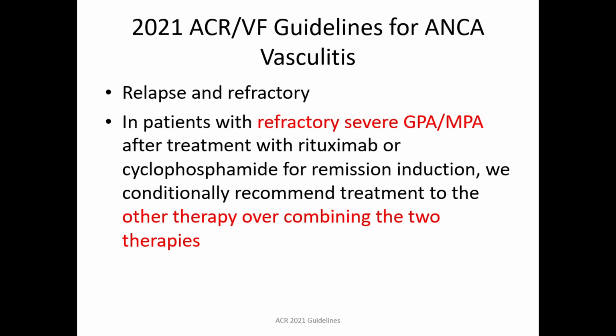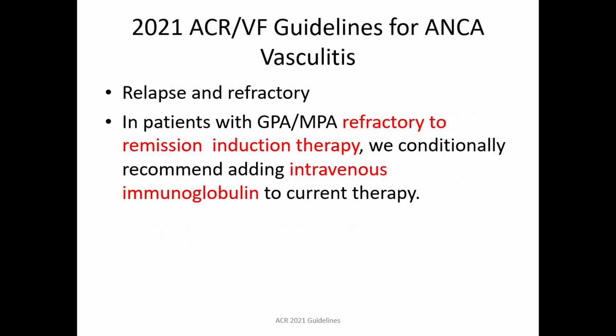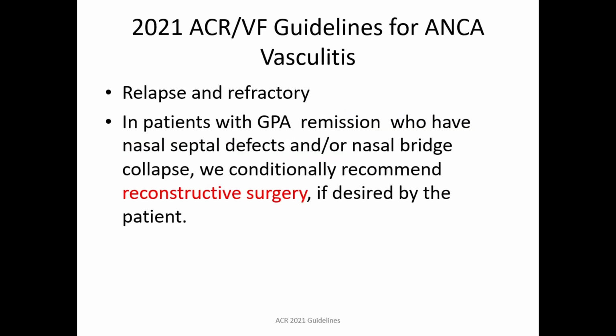And if your patient is refractory with severe GPA, MPA after treatment with rituximab or cyclophosphamide for remission induction, there is a conditional recommendation for treatment with other therapy over combining the two therapies. So sometimes people feel that we need to combine the two, but now ACR is suggesting that we probably need to think about alternative immunosuppression rather than giving a trial with the same medications again. In patients with GPA, MPA refractory to remission induction, immunoglobulins, as we discussed earlier on.